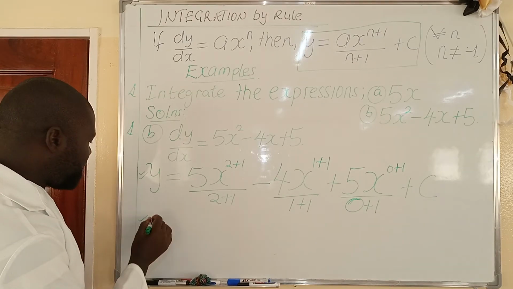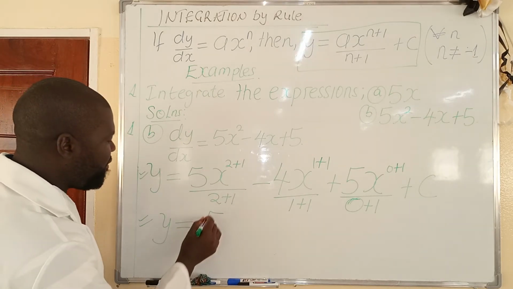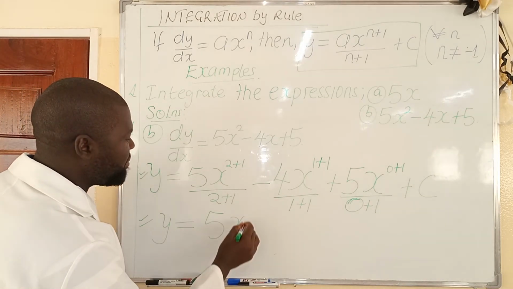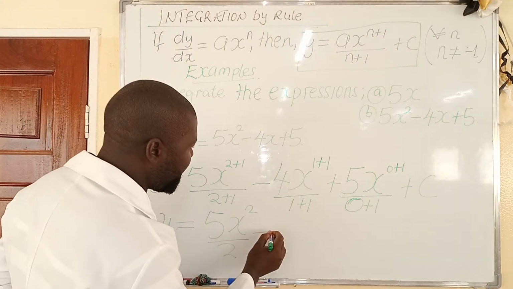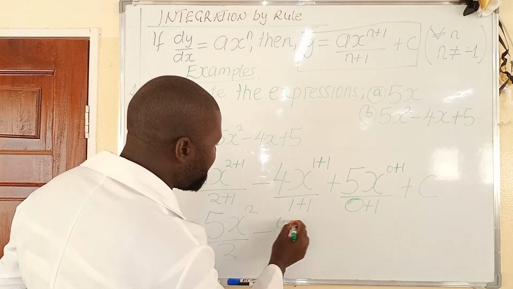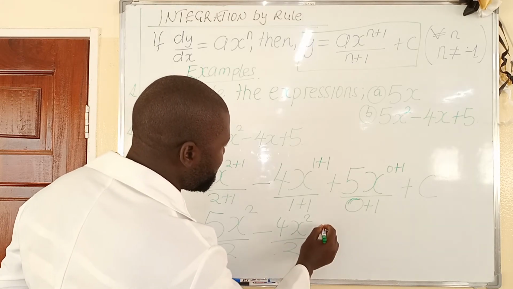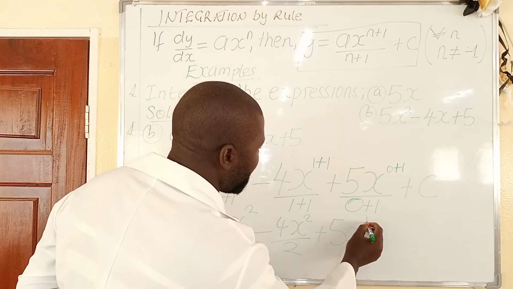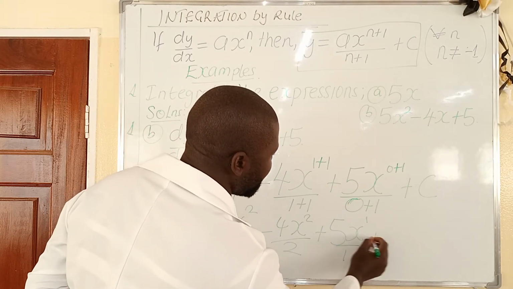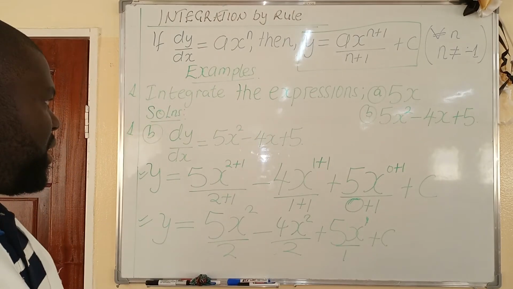So our y is equal to 5x power 2 over 2 minus 4x power 2 over 2 plus 5x power 1 over 1 plus c. Yes, so this is what we have.